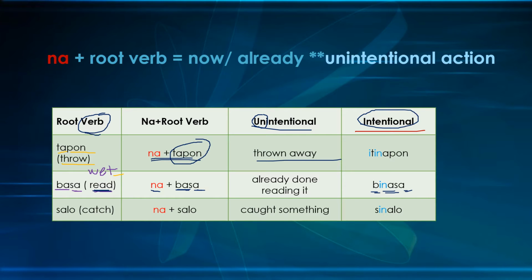So for the na plus root verb, it is also applicable here, but it's like the exception because it is not a verb, it is an adjective, right? So na plus an adjective could have a new word, nabasa, and it means it's already wet unintentionally.